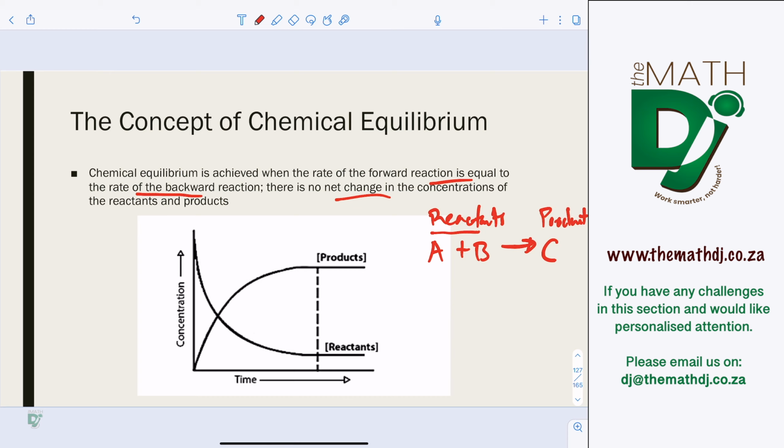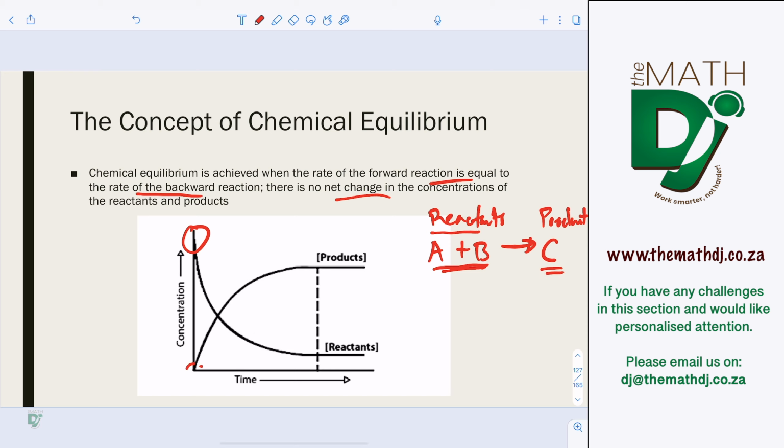So now, over time, at first, the concentration of the reactants will be more at the beginning. Here, you can see it's more at the beginning. As the reaction occurs, this A and B will be depleted. So when the reaction is occurring, C will be formed.